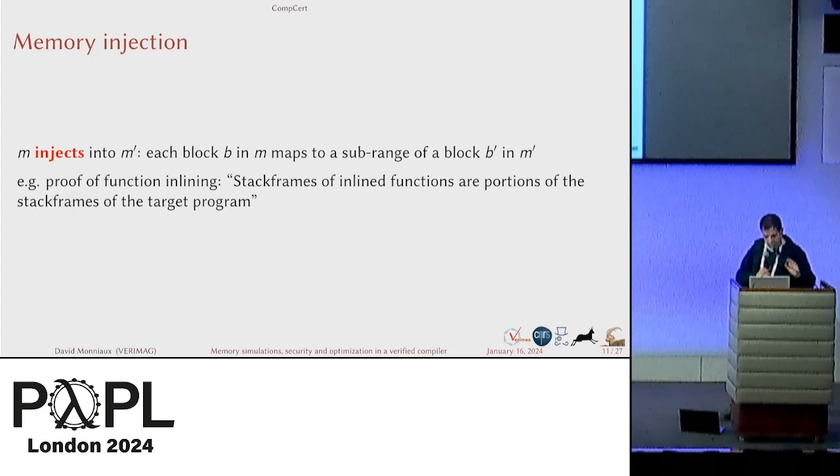It's more complicated, but it enables you, for instance, when you do function inlining, you're not only inlining the code of the inlined function into your caller function, you also have to stick the two stack frames together and get a bigger stack frame. So this means that you're mapping the blocks before, that would correspond to these stack frames before the transformation, into one single block.